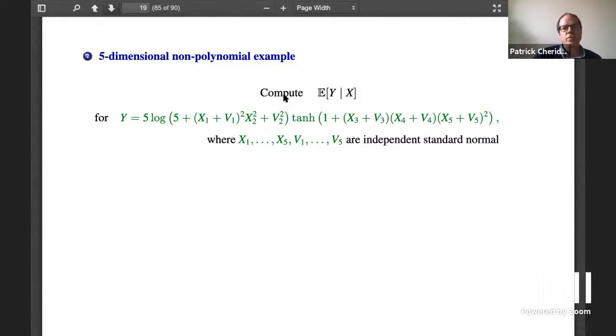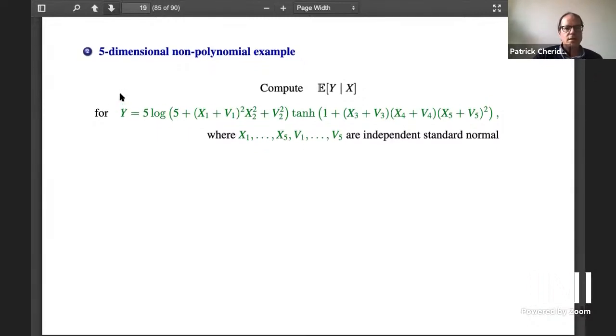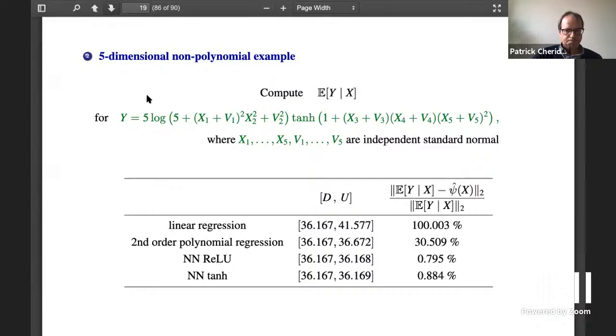Okay, then my second example is more complicated. So now I try to compute y given x, where y is this complicated function involving hyperbolic tangent of 5 x components and 5 independent v components. Okay, so now you're not able to calculate the conditional expectation explicitly. So let's see what the numerical results give.